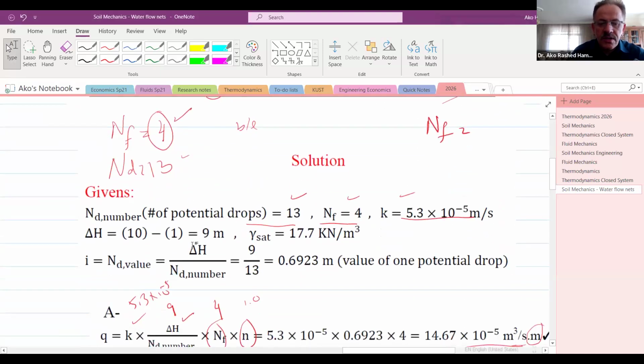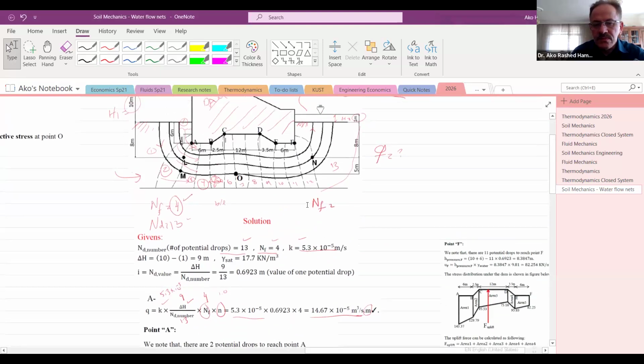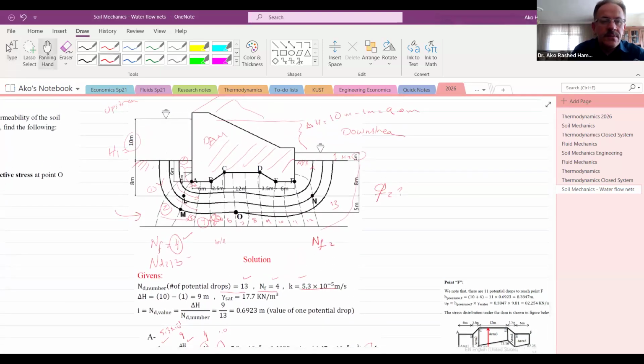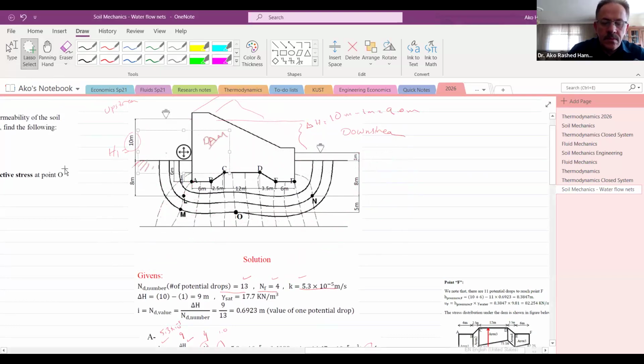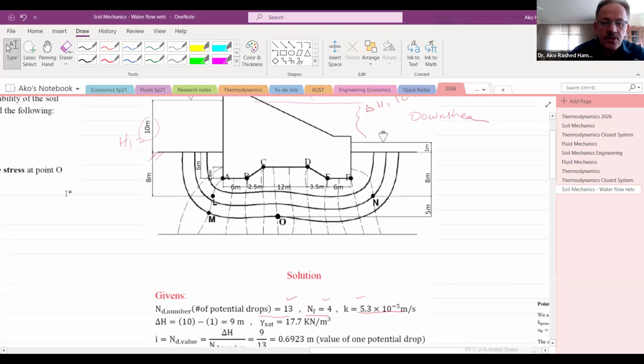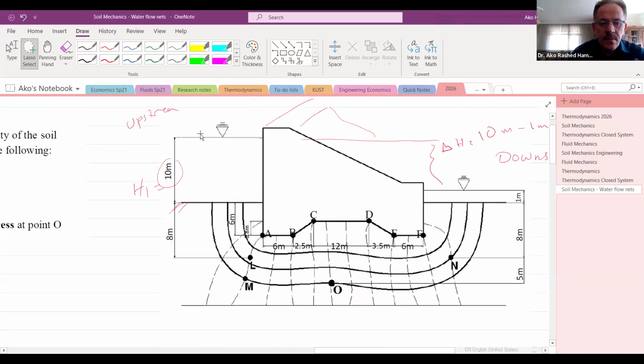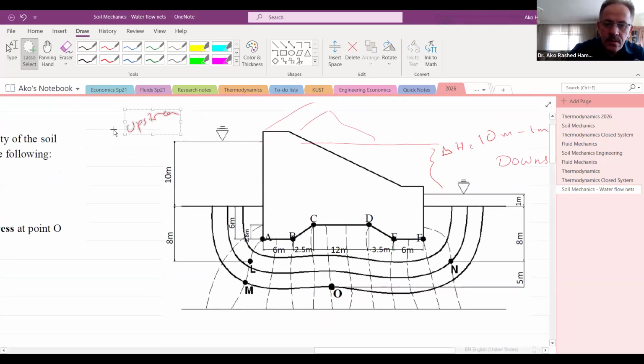Pressure at A. To find the pressure at A, here's A. The head at A is equal to how much?